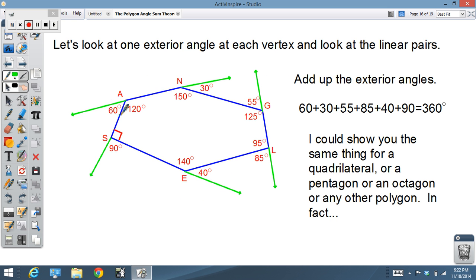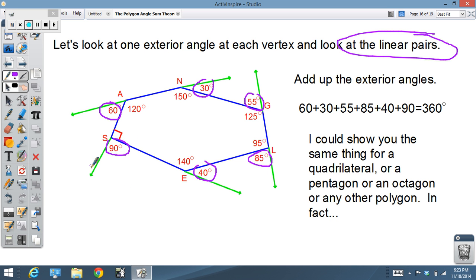We have these lines extending out. You notice the exterior angles here are, let me pick another color, purple. The exterior angles are 60, 30, 55, because remember, we've all got linear pairs being formed by all of these straight lines. They all have to add up to 180. So there's 85, there's 40, and that one's got to be 90. So those are the 6 exterior angles.